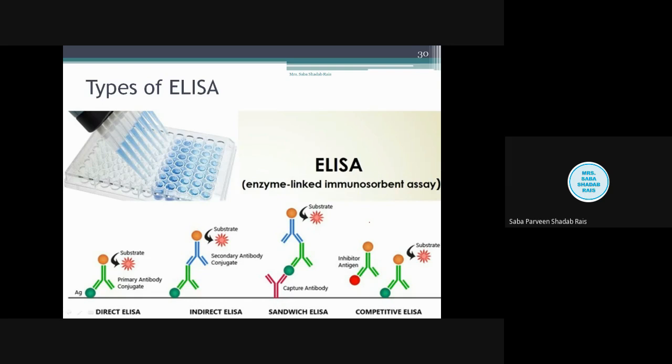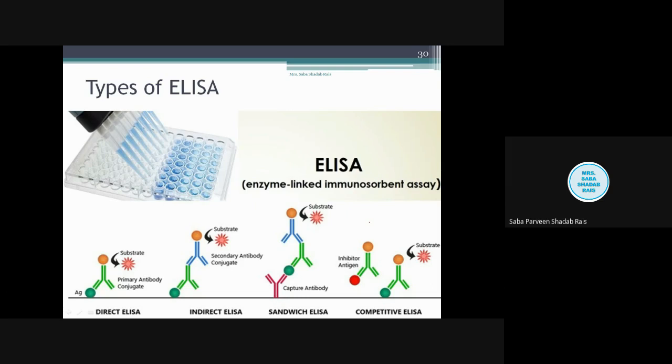So the more antigen in the serum sample, the more primary antibody will be utilized, and less will be available to bind to the antigen. So the amount of free antibody present will be available to bind the antigen coated on the well.